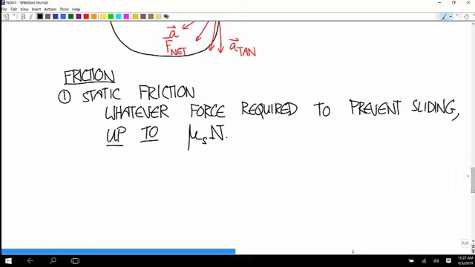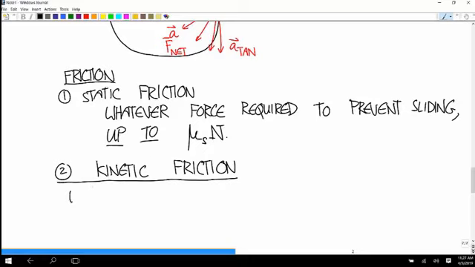So now we're going on to kinetic friction. This one is easier to deal with. Unlike static friction, kinetic friction is always calculated the same way.